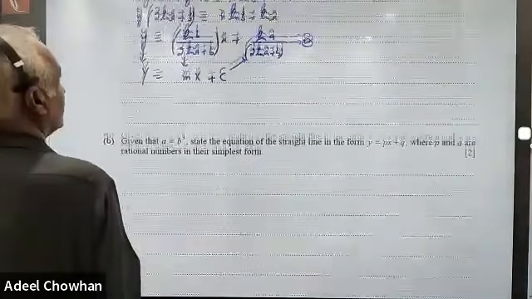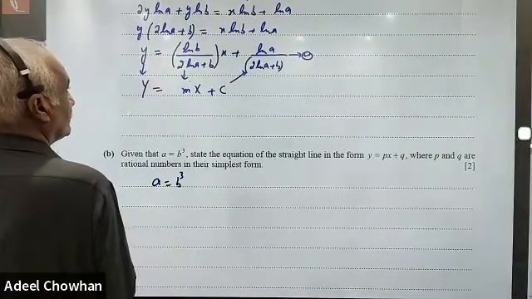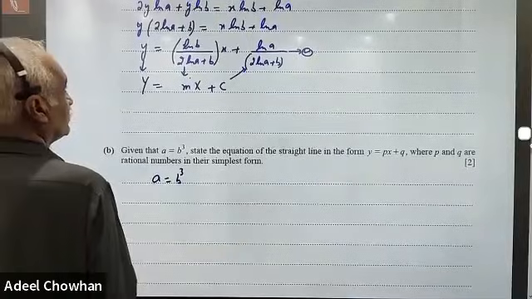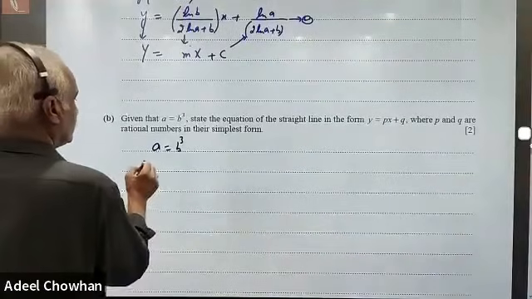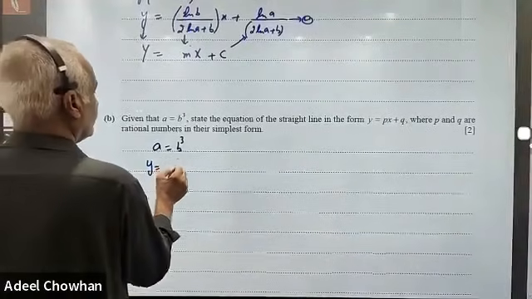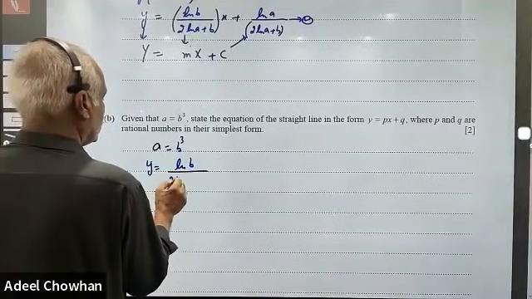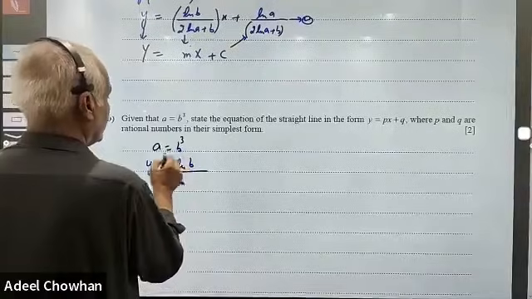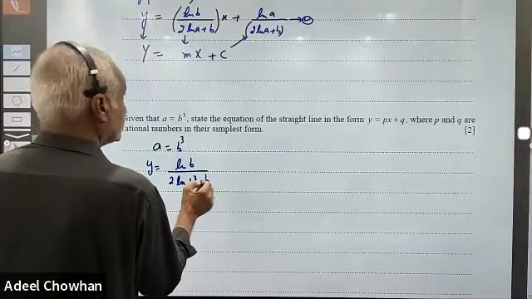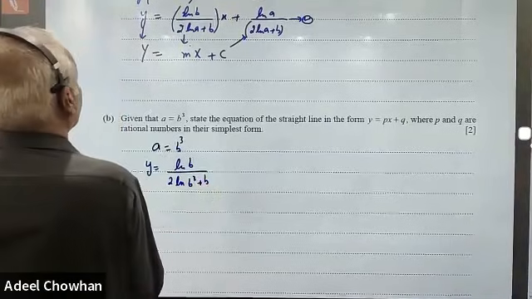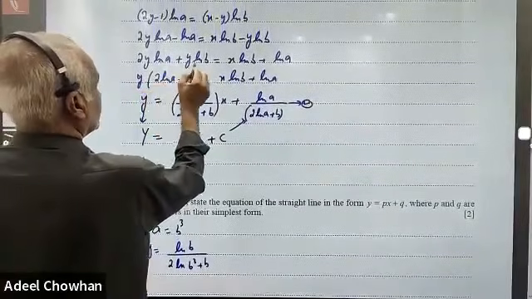Since a is equal to b power 3, you are going to substitute this into y is equal to log of b over 2 log of a plus log of b.